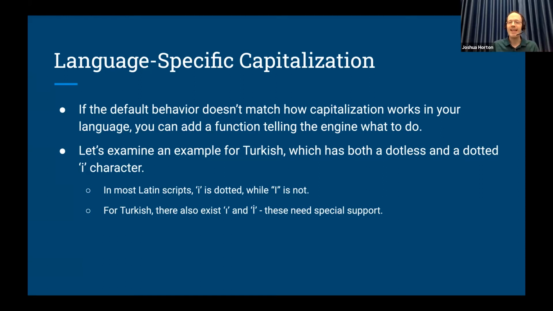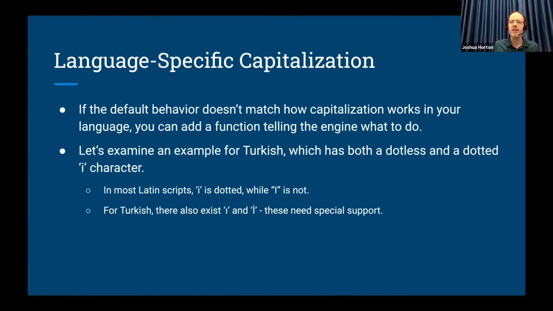There is a dotless variant, and there is a dotted variant, the one that we're most comfortable with in the lowercase. In most Latin scripts the lowercase is dotted, while the uppercase is not. But with Turkish, you have a lowercase dotless i, and its uppercase is the dotless capital I. So we need to remap that behavior.